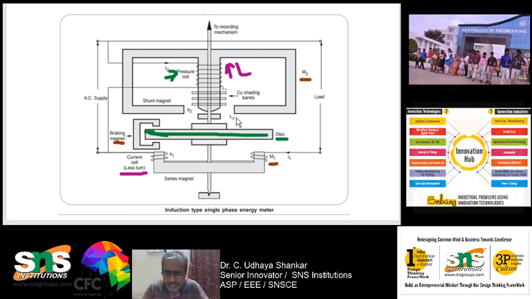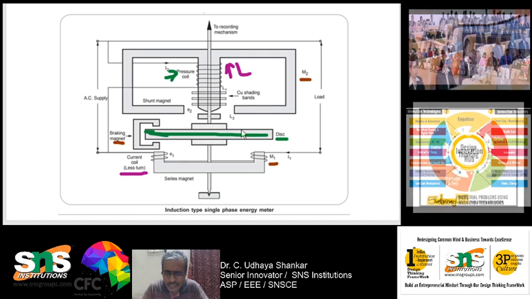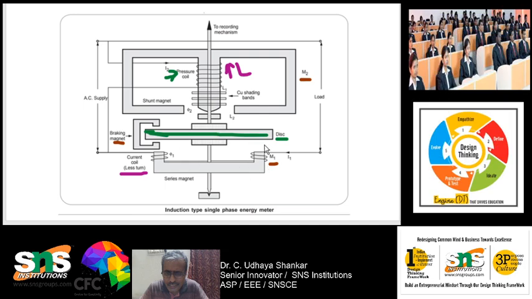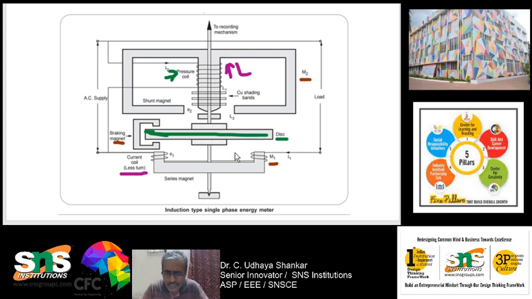Whenever two magnetic fields interact with each other with some lagging effect, a rotating magnetic field is produced between them, and because of which if I place a disc in between the two magnets M1 and M2, it will start rotating. So, this is how it starts to rotate.